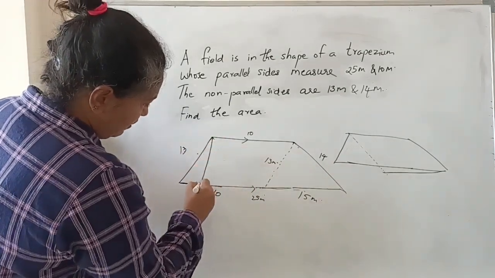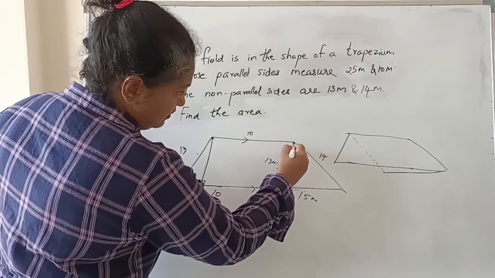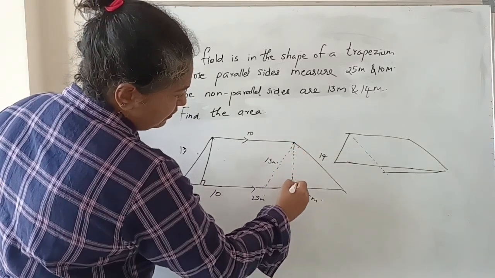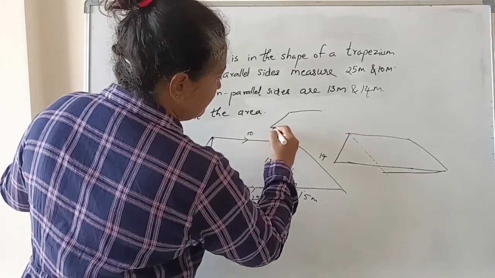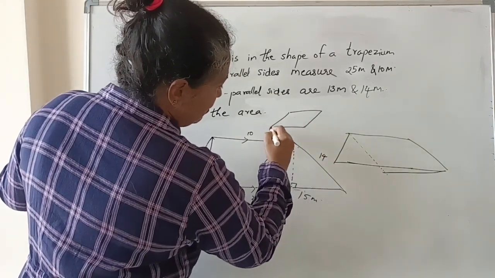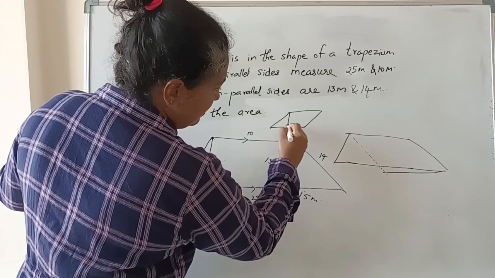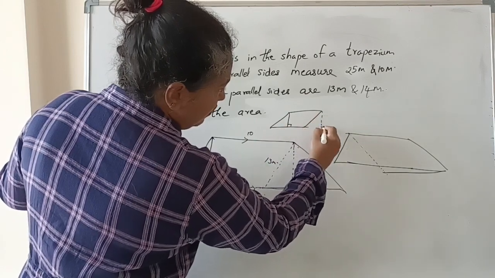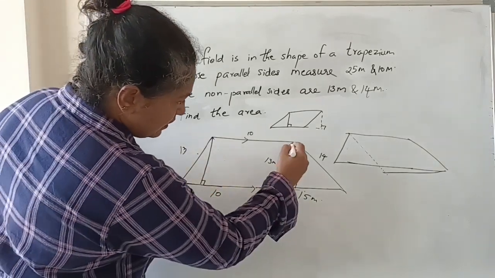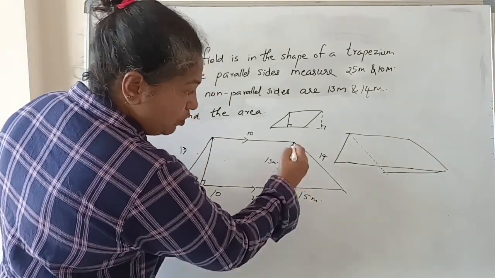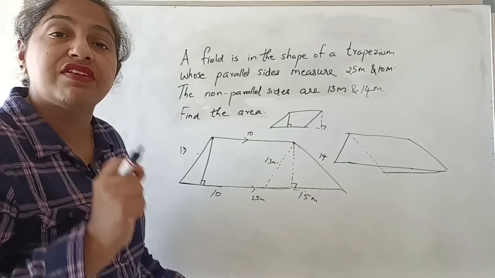This is the height of the parallelogram, or this is also the height of the parallelogram. If you have a parallelogram like this, the height of the parallelogram to this particular base is either this or this. So, this height of the parallelogram also becomes the height of the triangle.